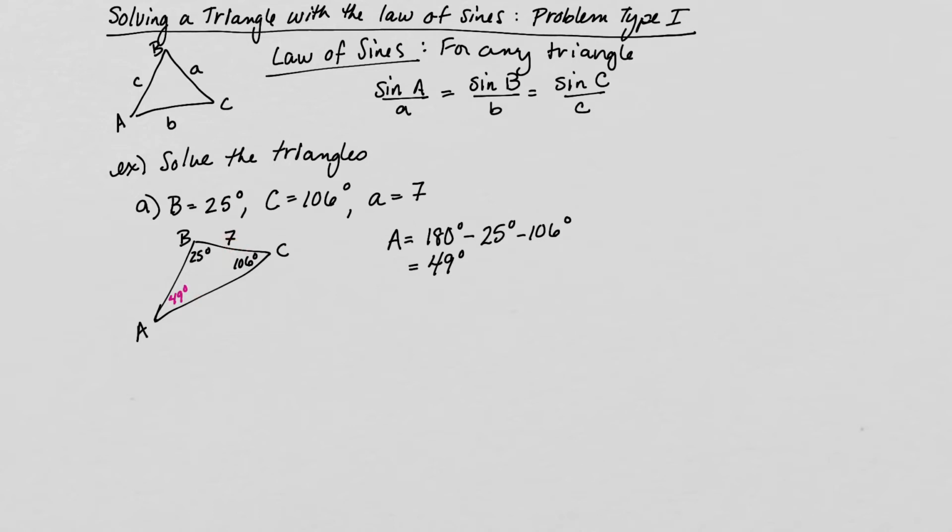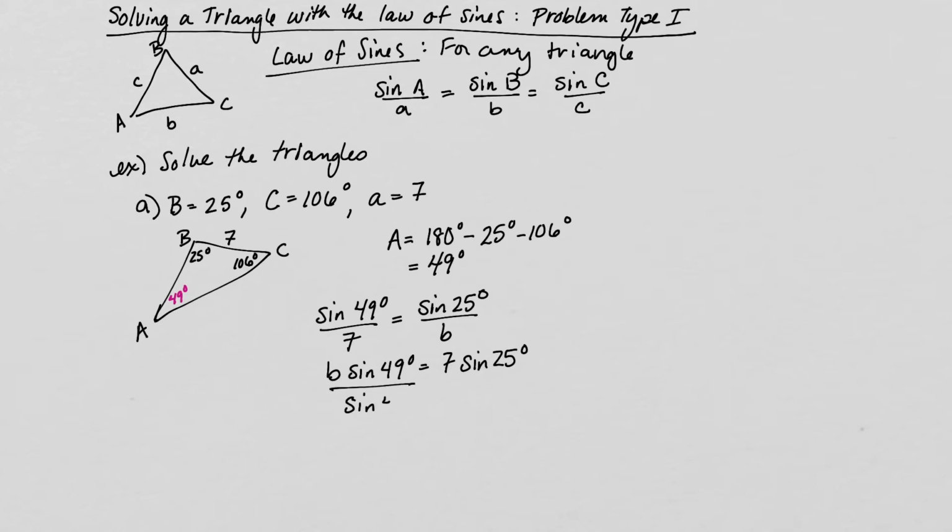So I can say that the sine of 49 degrees over 7, if we were trying to find little b, is going to have to be equal to the sine of 25 degrees over little b. So at this point I could cross multiply. So b sine 49 degrees is equal to 7 sine of 25 degrees. Divide both sides by the sine of 49 degrees.